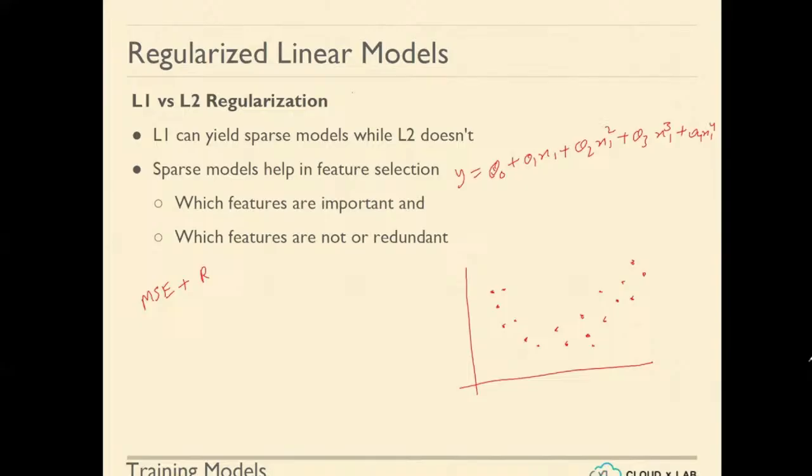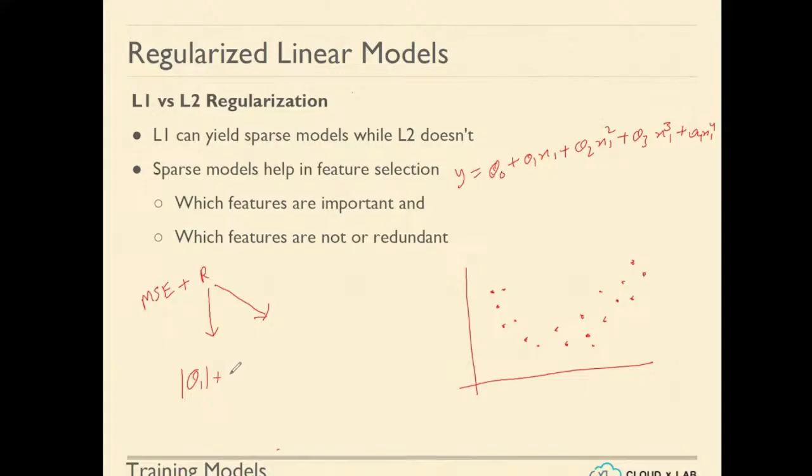So for that, what we can do here, we can add regularization, right? Now the regularization can be L1 regularization or L2 regularization. So suppose if you are using L1 regularization, then in the regularization term we will add absolute values of theta 1, theta 2, theta 3, theta 4.